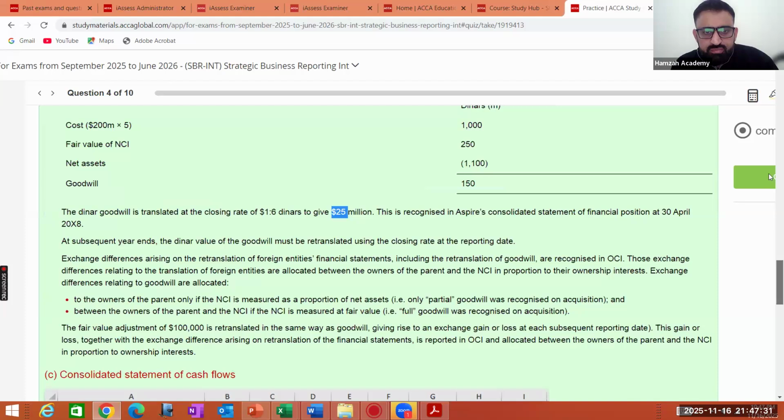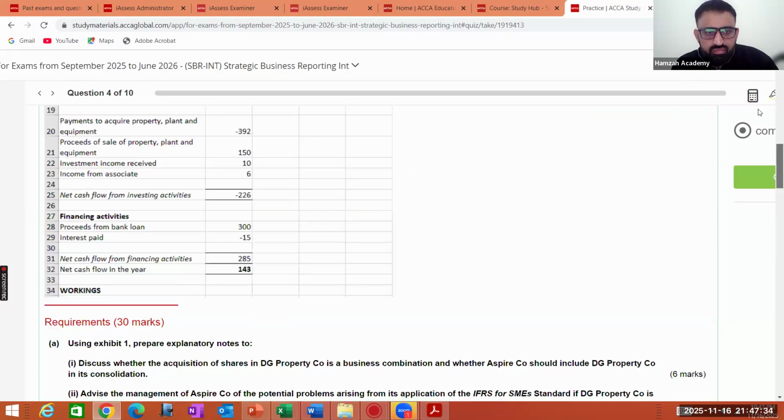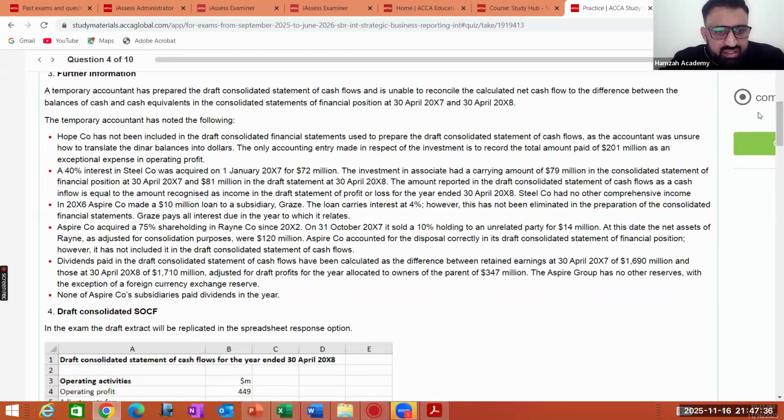And now after that, point number 4. Aspire acquired 75% shareholding in R since X2. On 31st October X7, it sold 10% holding to an unrelated party for 14 million. At this date, net assets of R, as adjusted for consolidation purposes, were 120.